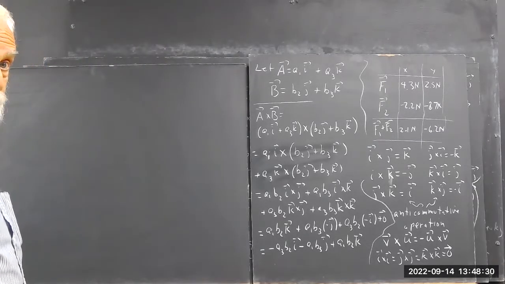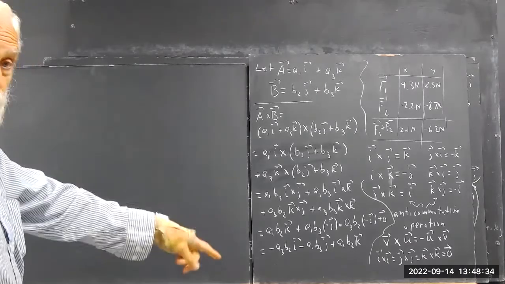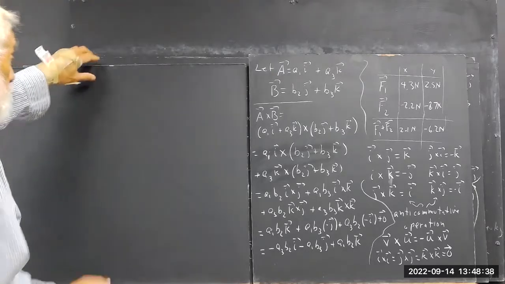Now, another definition of the cross product. This is how you can calculate it: one way is with determinants. I don't have time to write that down.